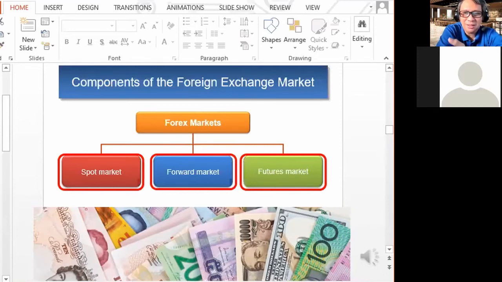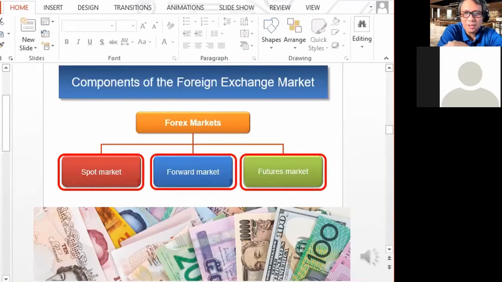So I can say, let's agree on 42 pesos for our exchange rate in the future. So I'm the importer, I will agree with the exporter from abroad that this will be the exchange rate in the future. You call that the forward market.